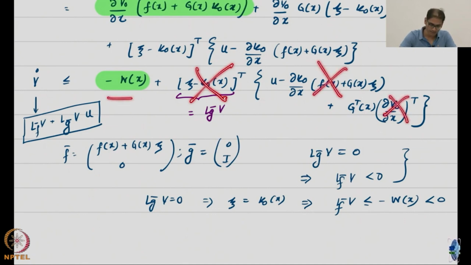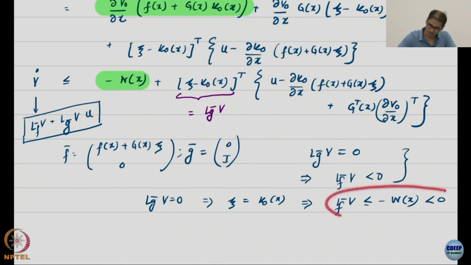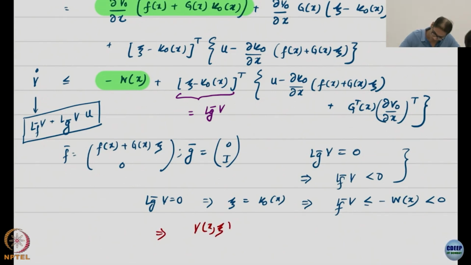The only thing that's left is this, and that is negative definite by assumption. W was positive definite, minus W is negative definite, and this is enough to claim that V of x, xi is a CLF.